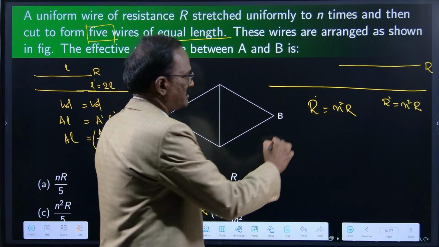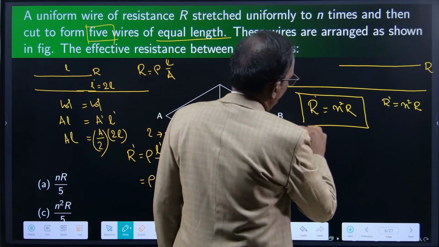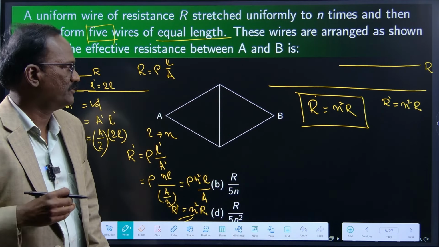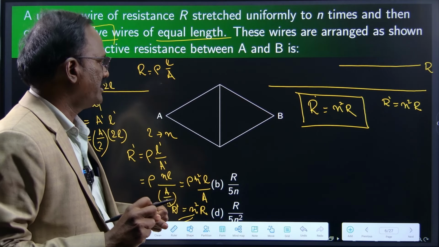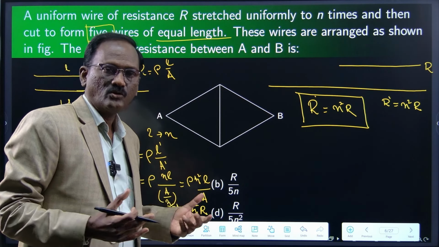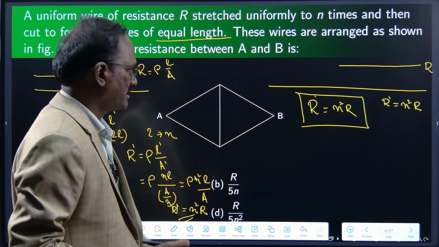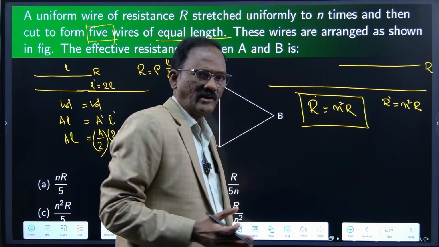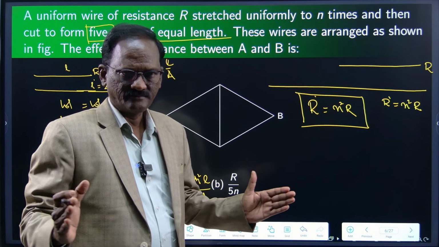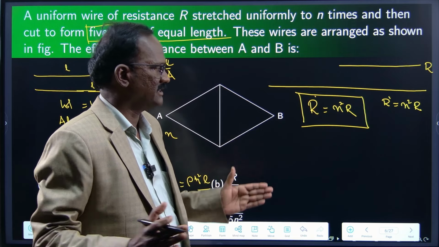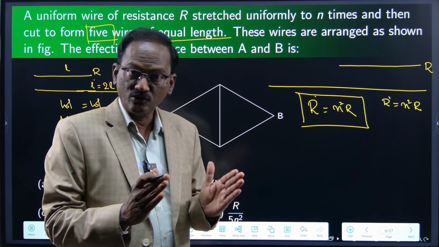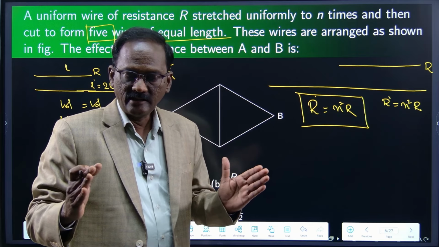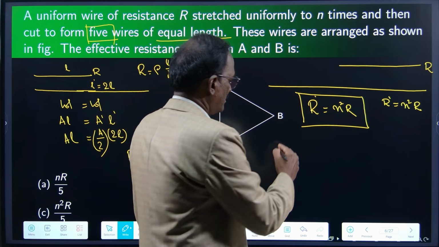So this formula is very, very useful. Please learn and remember this formula, right? If you stretch one wire n times, the new value will be n square the old value. What will happen if you compress it? If you reduce its length, n times you are compressing. So in this case, length will be reduced, cross-sectional area will be increased, right?